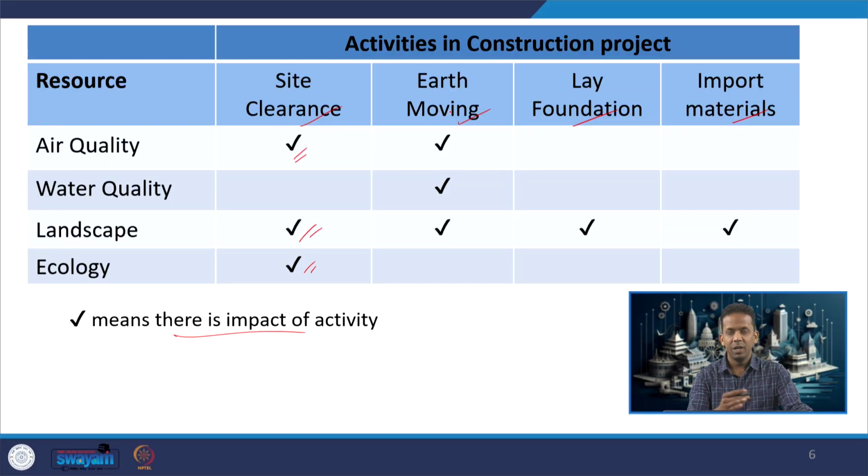When we move the earth, a huge amount of soil and land sections, it will also impact air, water and landscape. And when you lay foundations, it will affect landscape, and with importing materials also it will affect landscape. So it is just a way of representation, but here it gives us more clarity on what activities of the construction project have impact on what components of the environment.